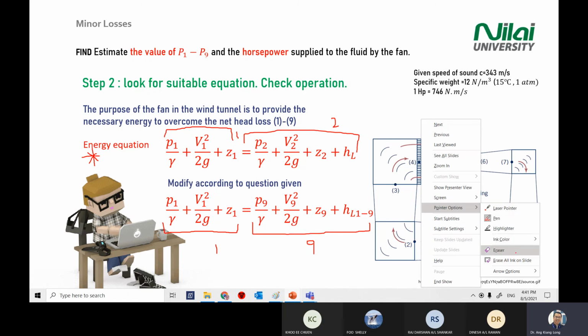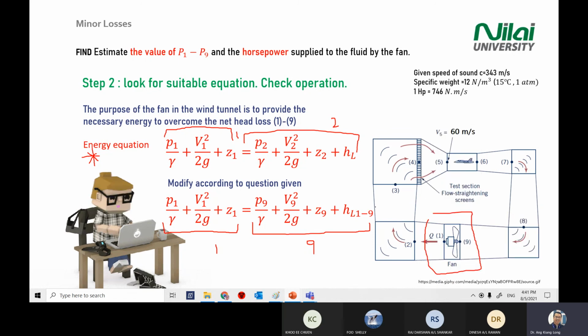Why do you need to add a head loss here? Because the flow is flowing from point 1, point 2, point 3 until point 9, there are some losses inside there, and you need to balance this energy equation. Because in our system there's a closed loop and there's no loss of energy overall. So you can mention it like that.